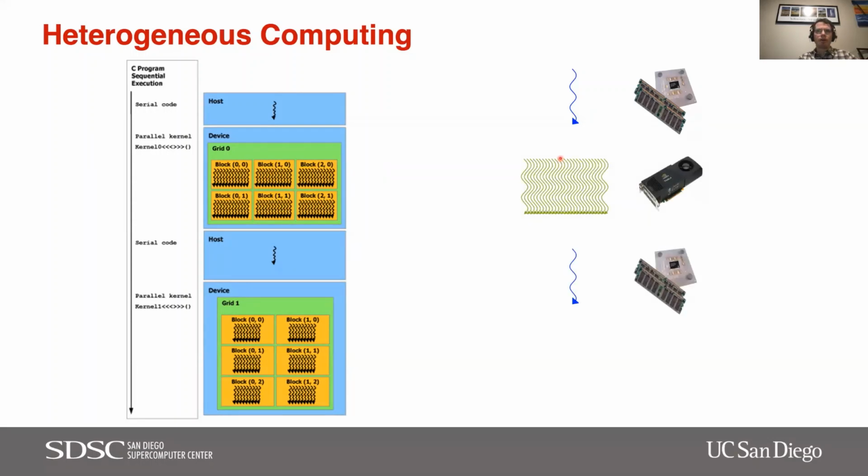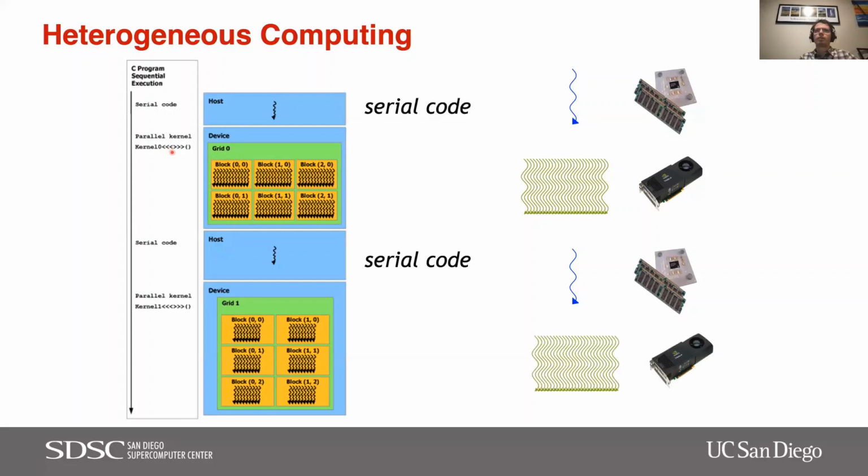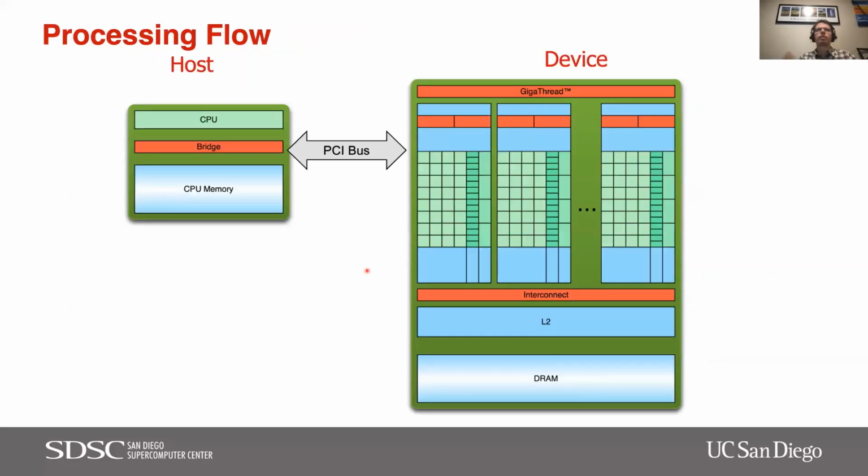And then you launch a kernel that runs on a GPU with many threads, and the threads are grouped into blocks, and those blocks are grouped into a grid, and that maps onto the multiprocessors of the GPU, right? And then you have this kernel launch here. So serial code, parallel code, and then you can do something serial again, and then parallel, and that's typically how it looks.